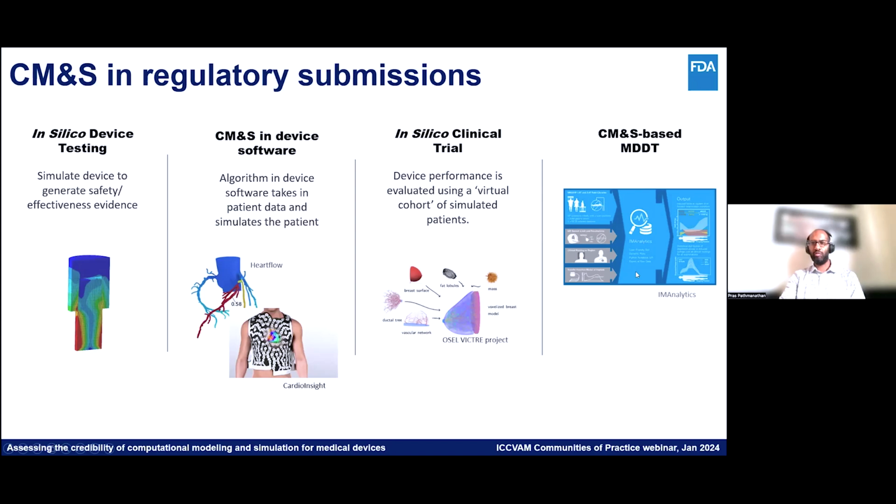And the final example is something called an MDDT, which stands for Medical Device Development Tool. That's a separate pathway that we have within CDRH, where instead of the person who's submitting something submitting information about a particular device and asking for marketing approval for the device, we do have a pathway for the public to submit information about a tool that could be used to address safety or effectiveness questions about a range of devices.